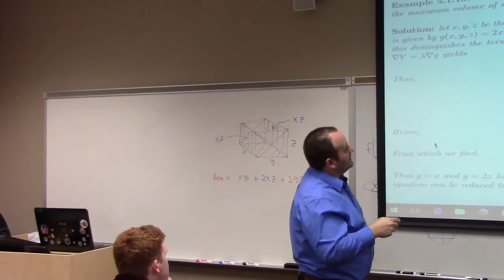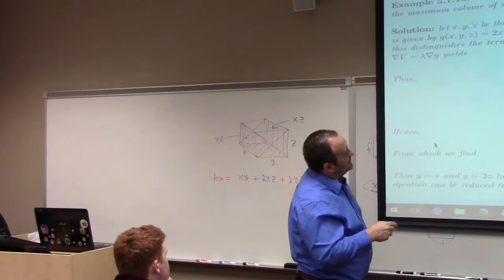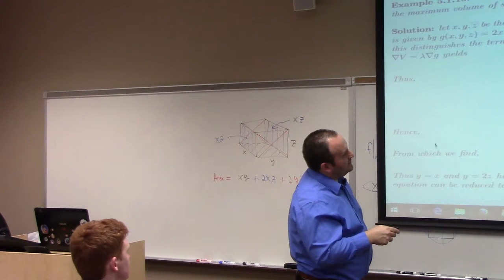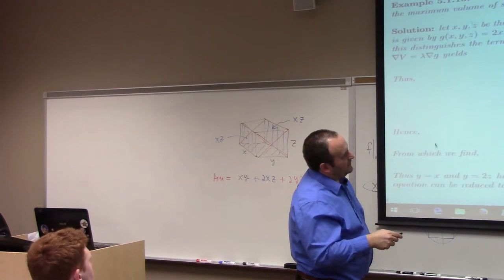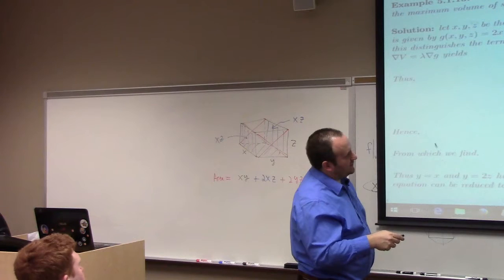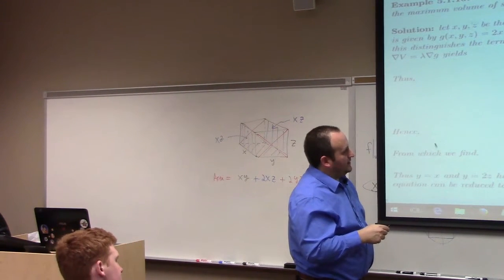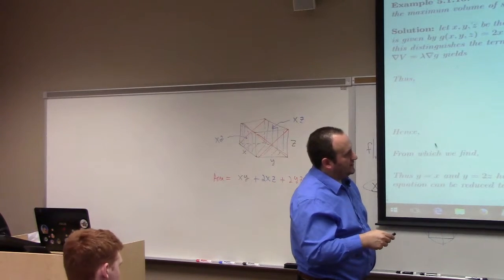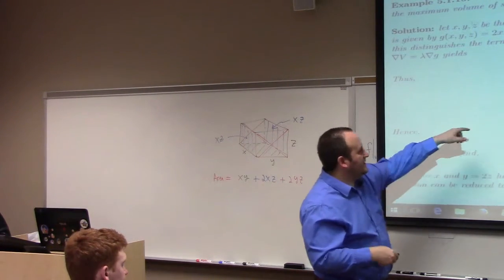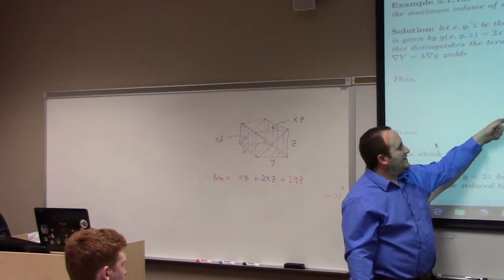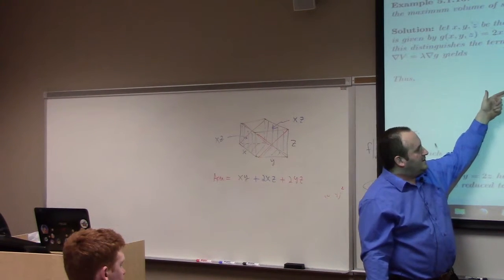So here it is, the gradient of, what is this? This is the gradient of our objective function, the xyz function, is lambda times the gradient of the constraint, the area equation, right? And that gives me this equals this, and so sometimes I have something like this.